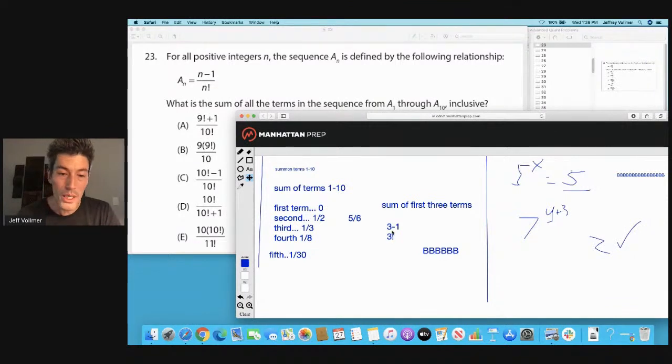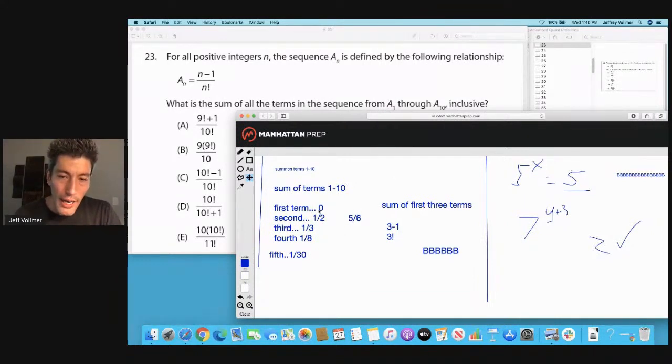So what I did was I tried just imagining, what is the sum of all the terms in the sequence from A1 through A3? And so I just added the first 3 terms, which was 5/6. So I think there's some rule that holds through any number, and I was trying to think about that more generally.